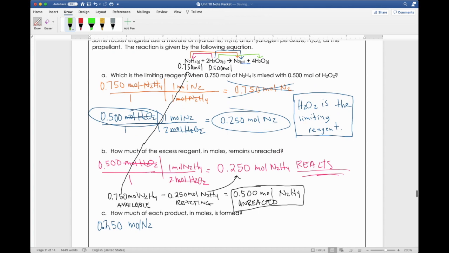Let's go ahead and solve right here. So I have it in green, which I'm ready to go. I'm starting off with 0.500 moles of peroxide. Looks like 2 moles of peroxide produces 4 moles of water.